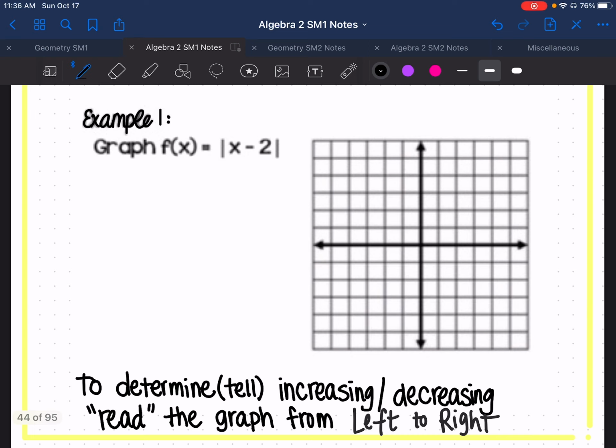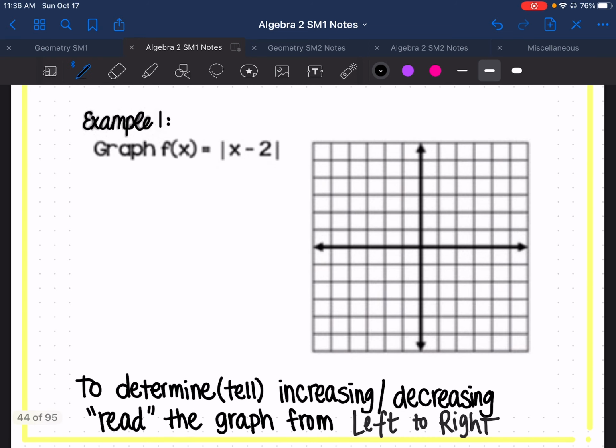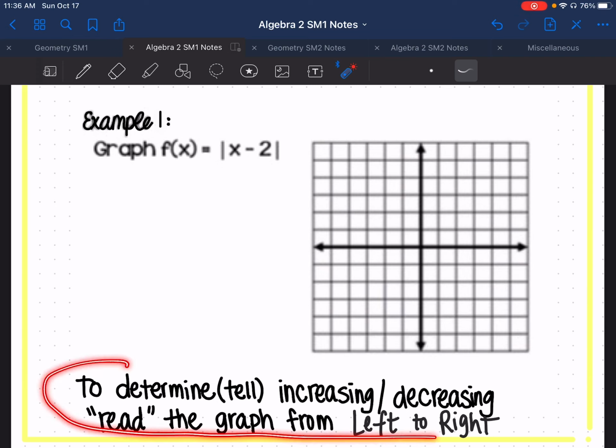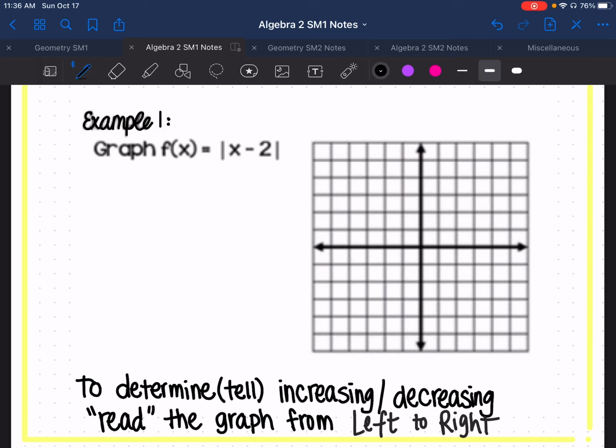And just to remind you, when we talk about increasing or decreasing, I know I said it in the last slide, but to determine if we're increasing or decreasing, we're simply going to read our graph from the left to the right side. But let's go ahead and graph it first. Now, one of the things that you can do is you can say, I can always put that right above.